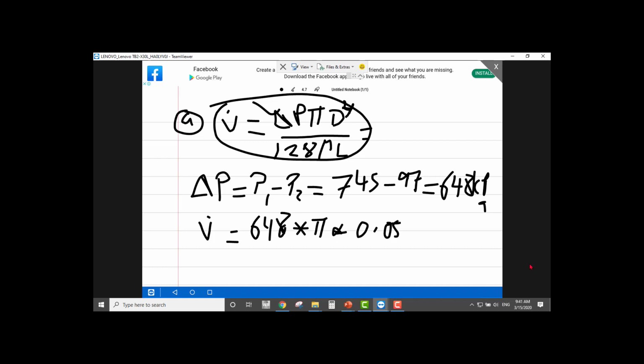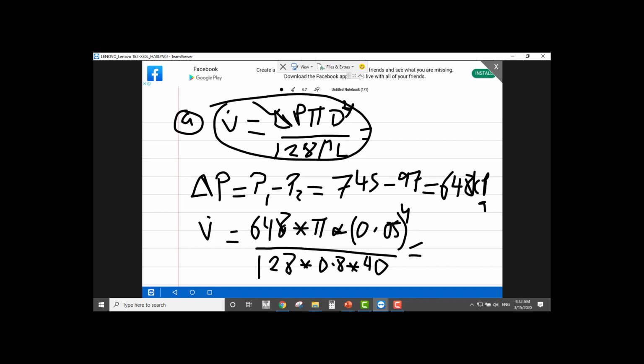Okay, 0.05, and the power is power 4. Yeah, very good. Divided by 128 multiplied by viscosity, and the viscosity is equal to 0.8 multiplied by the length, which is 40.